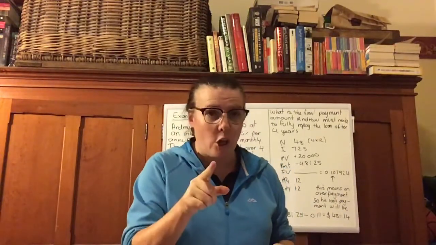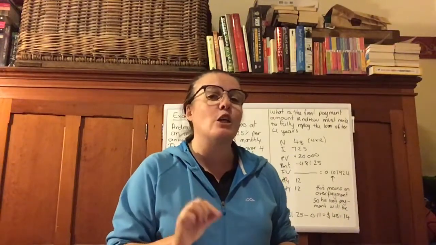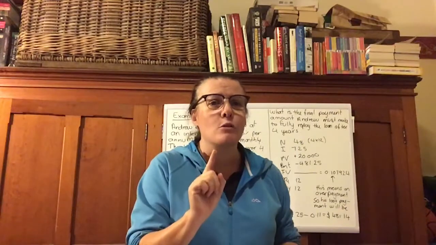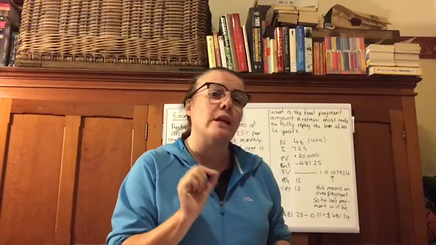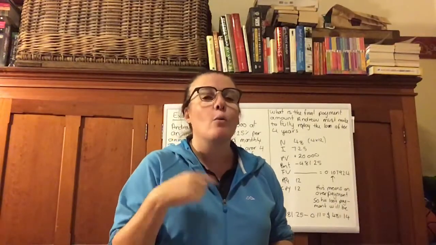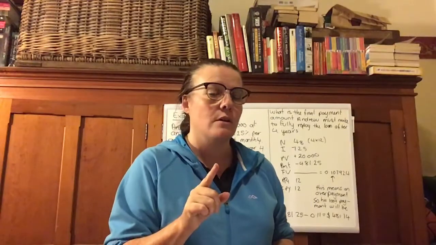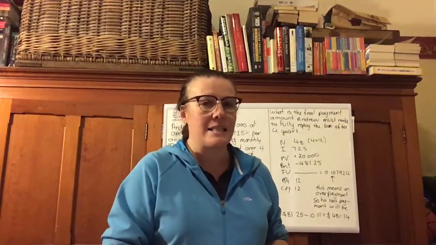Usually, but not always, the compounding period and the payment period are the same. Don't say that as a golden rule every time, because that's not true. Sometimes you will get a tricky situation where the compounding period is different to the payment period. But usually they are the same value.